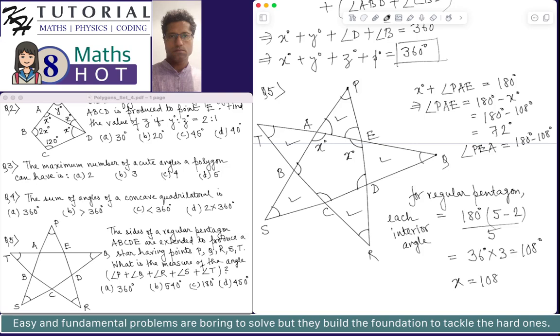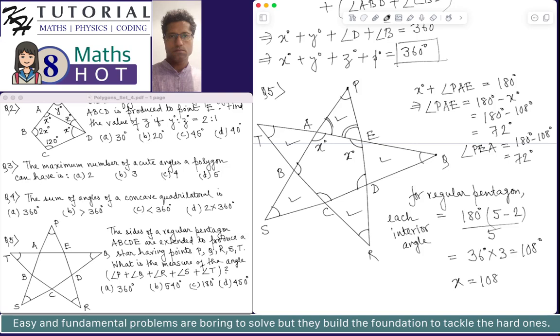From there we get angle PEA is equal to 180 degree minus x degree. X degree is 108 degree, so this is also 72 degree. So as you can see, in triangle APE, angle PAE is 72 degree and angle PEA is also 72 degree. These two are equal angles.